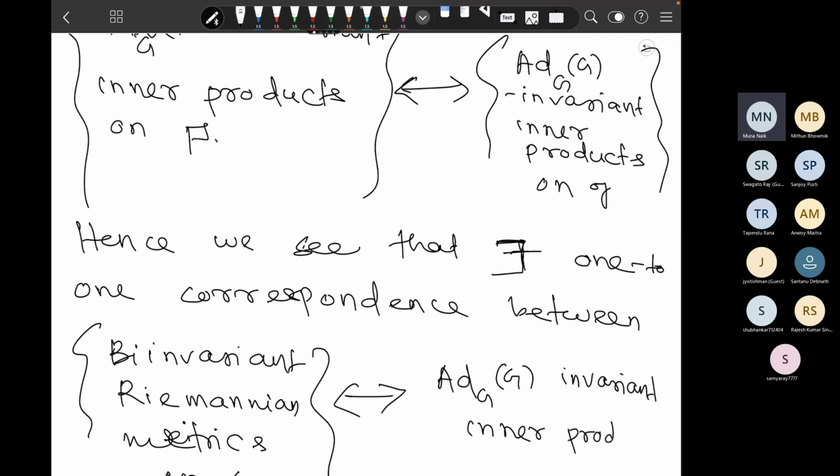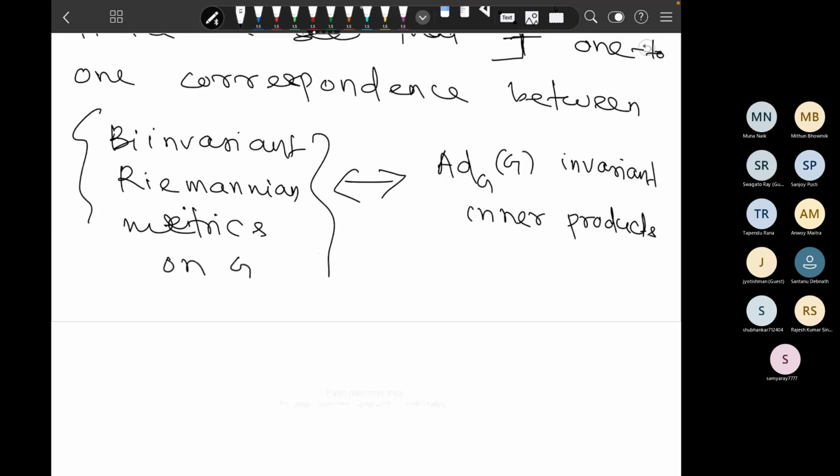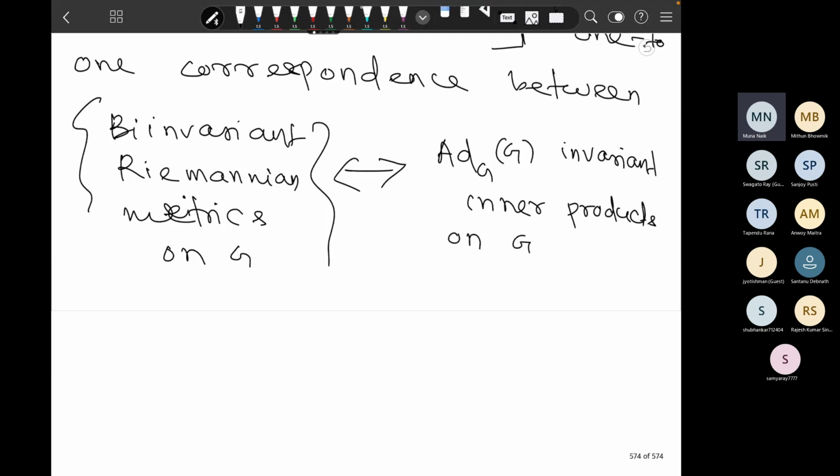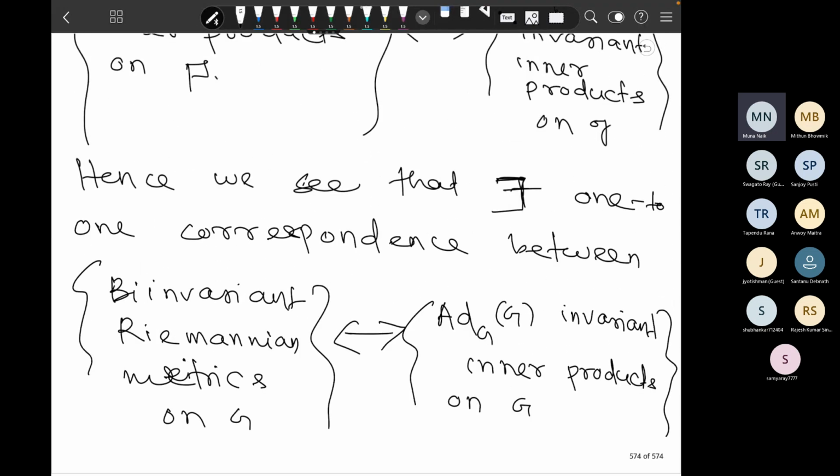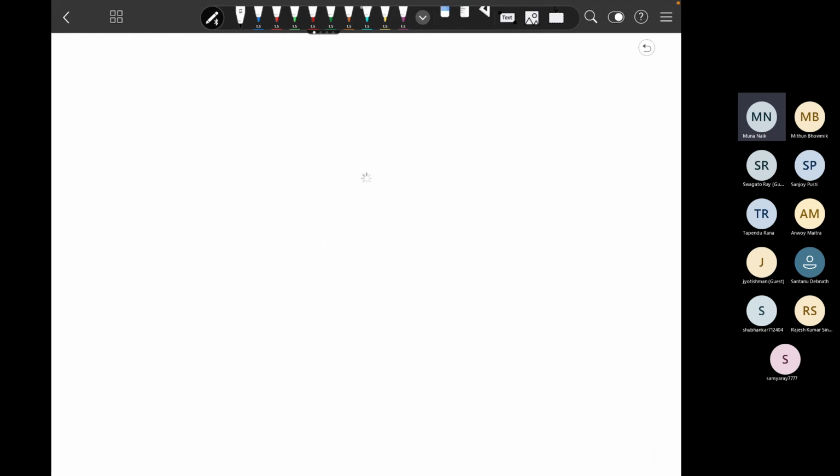So we are really proving everything in a different way. Okay, so this is a different way of proving the same thing which we have shown.